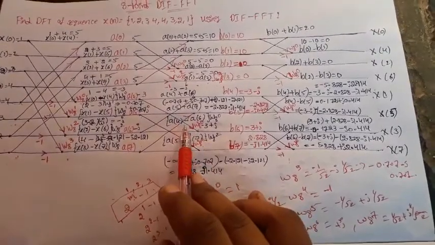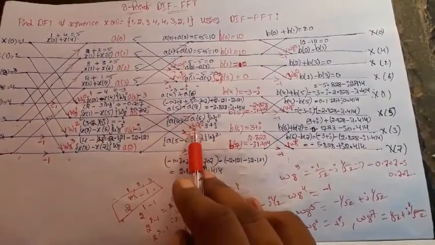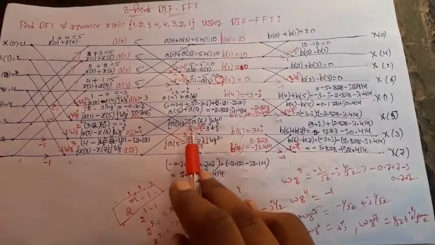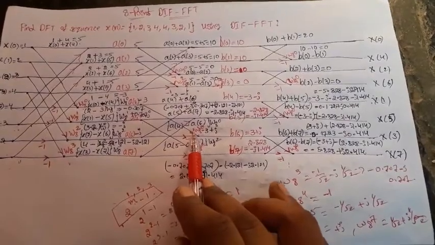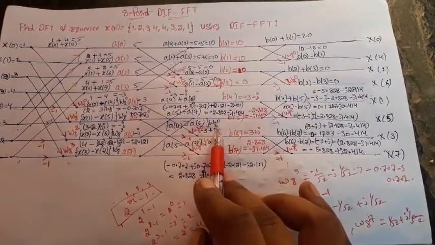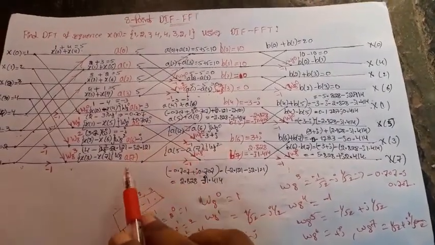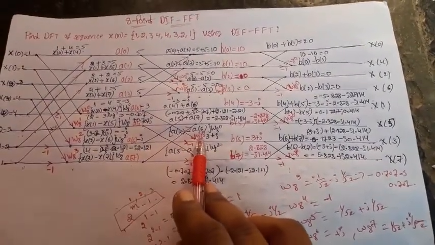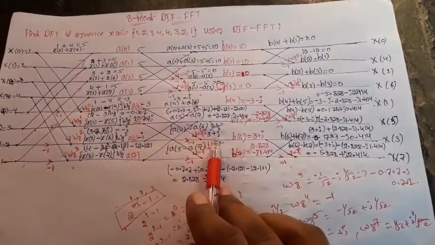Here it is multiplied with minus 1, so a of 6 into minus 1 is minus a of 6. So a of 4 minus a of 6 into w8 to the power of 0. The a of 4 value is minus 3 and the a of 6 value is minus j. Here minus into minus is plus, so minus 3 plus j.